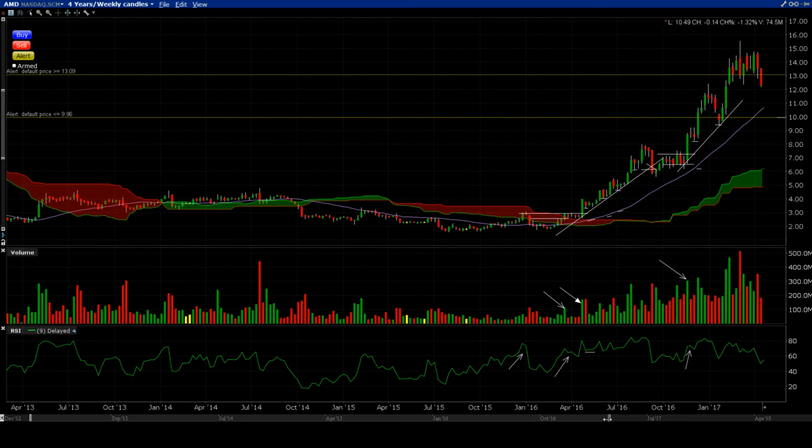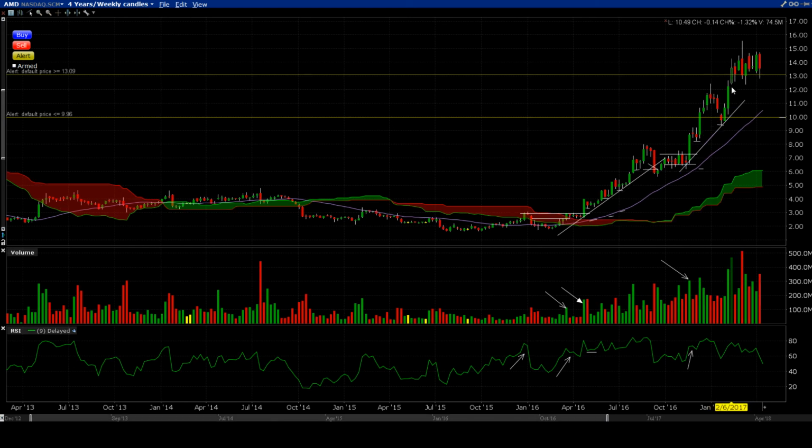And pull back. Pull back. Price action goes back up. There's a case right here. On this pullback, price action goes back up.